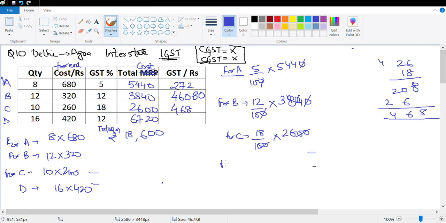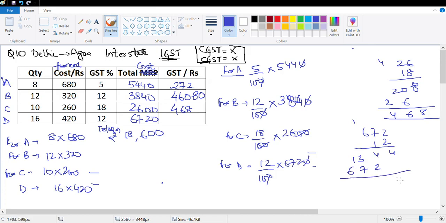And for D, it is 12 upon 100 into 6720. So 672 into 12 gives 806.40. Again, remember to write 2 decimals.